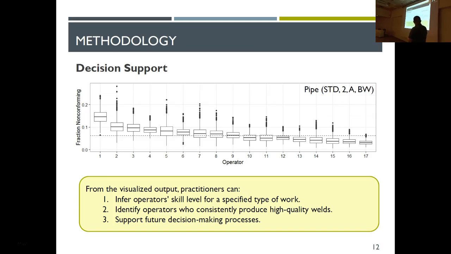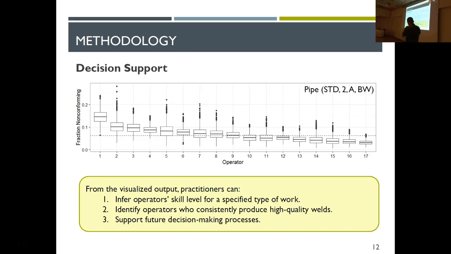As you can see, we selected a type of pipe which is standard thickness and 2-inch diameter, and the material type is A, which is plain steel, and butt weld. We investigated all those data, and we just selected the top 17 operators whose inspection records exceed 100 times to make the result more statistically significant.